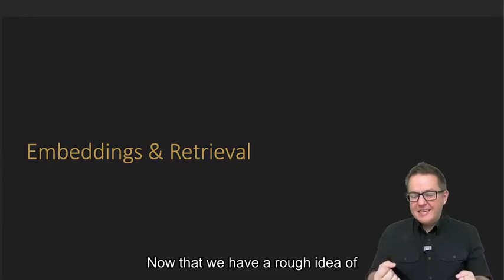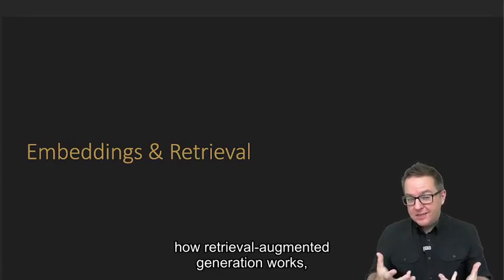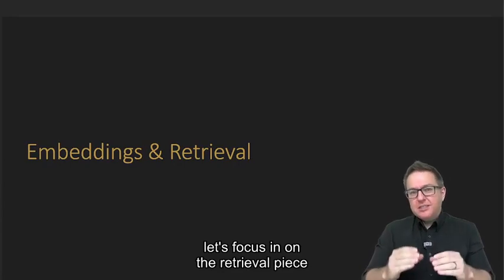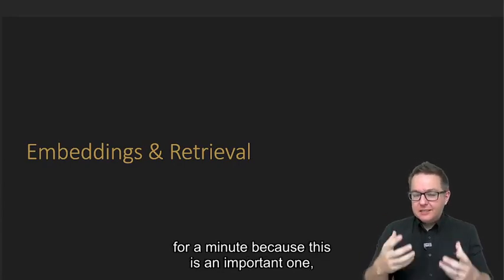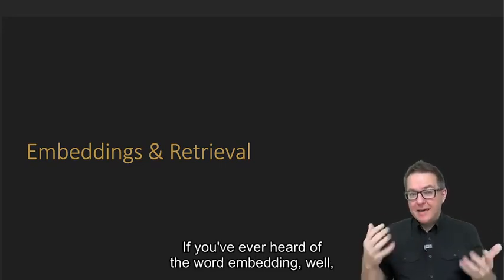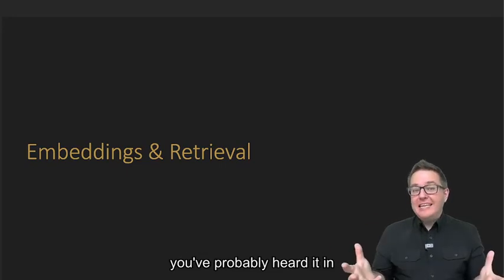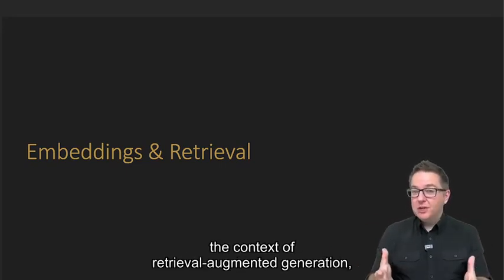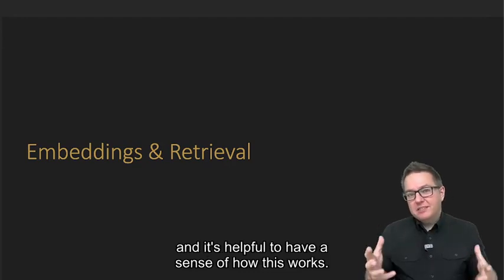Now that we have a rough idea of how retrieval augmented generation works, let's focus in on the retrieval piece for a minute, because this is an important one and we hear a lot about it. If you've ever heard the word embedding, you've probably heard it in the context of retrieval augmented generation, and it's helpful to have a sense of how this works.